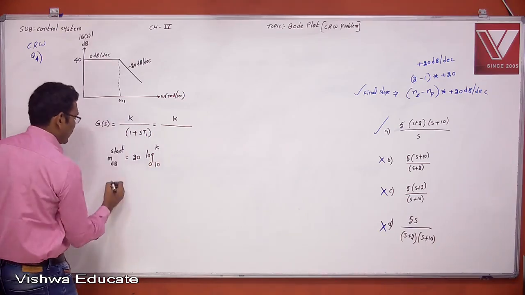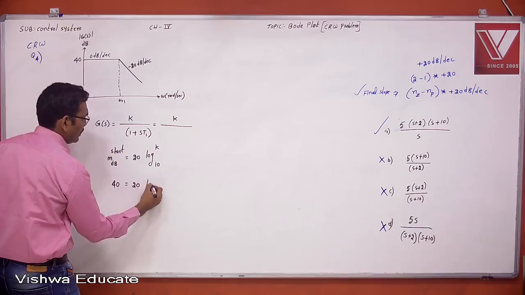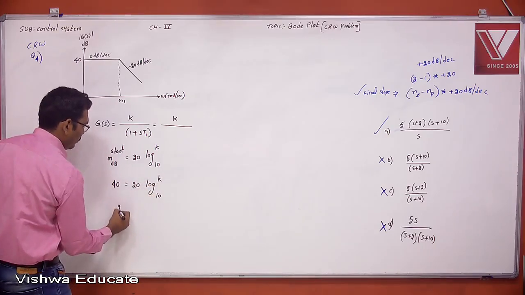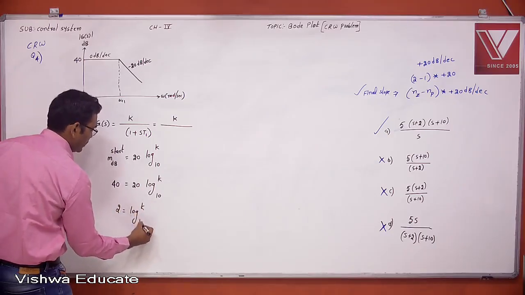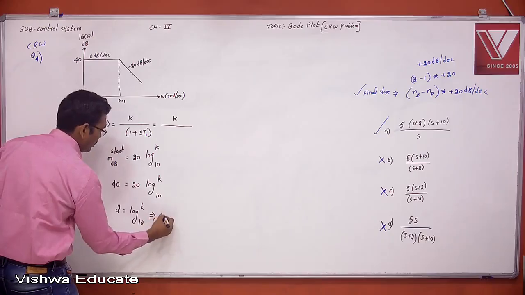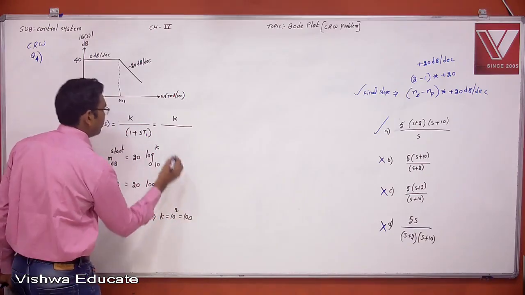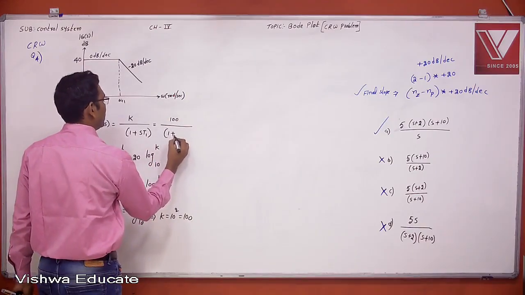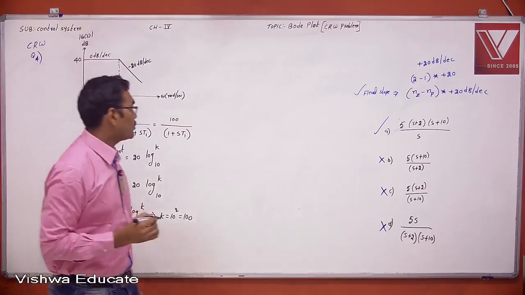The starting magnitude is 40 dB, which is equal to 20 log K base 10. 40 by 20 is equal to 2, which is log K base 10, so K is equal to 10 power 2, which is equal to 100. 100 by 1 plus ST1 is the transfer function, right?